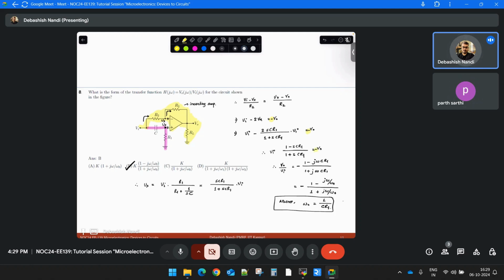How do I know that? Inverting amplifier. Exactly, my subconscious was telling me that the gain has to be a negative quantity. So this is a sanity check you should keep in your mind while solving problems, okay? So what is the value of K now then?